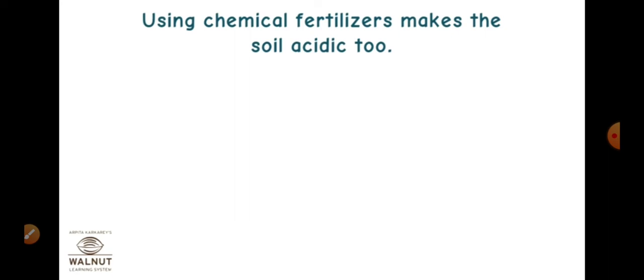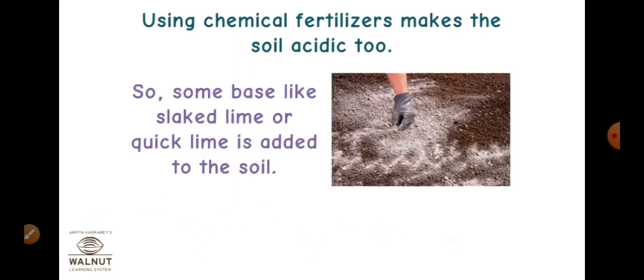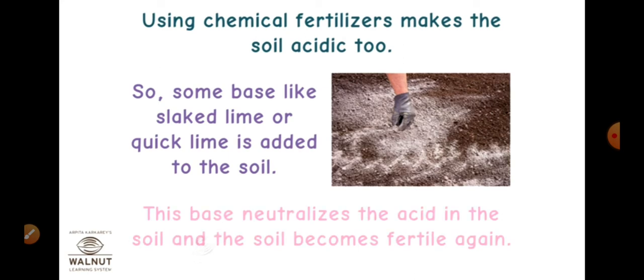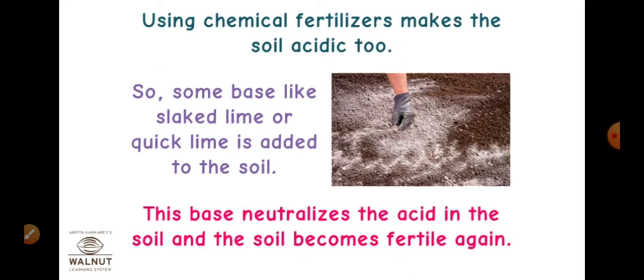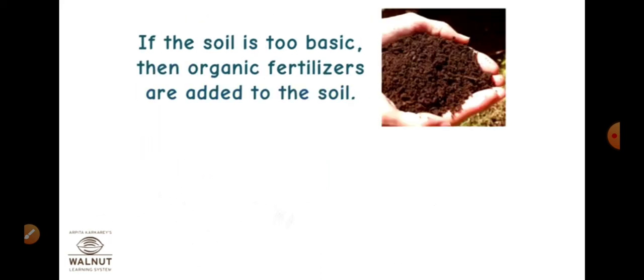Using chemical fertilizers makes the soil acidic too. So, some bases like slaked lime or quicklime are added to the soil. This base neutralizes the acid in the soil and the soil becomes fertile again. If the soil is too basic, then organic fertilizers are added to the soil.